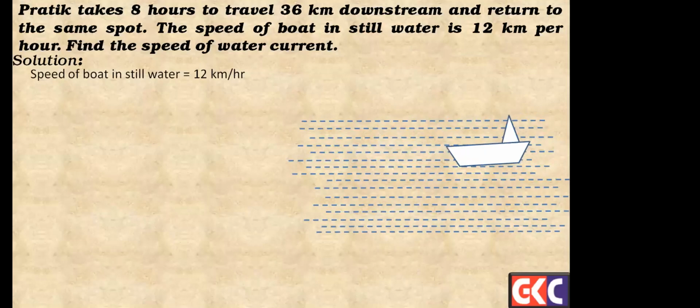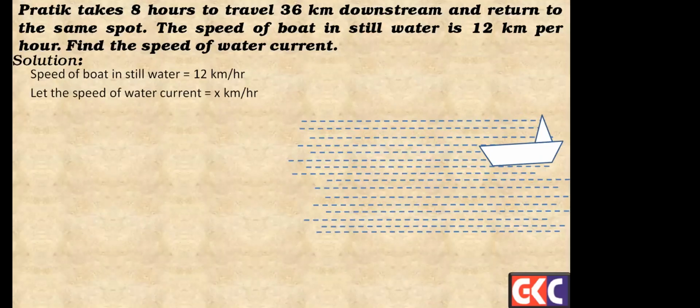Okay, this is the normal speed at which the boat is traveling in the lake water. Now we don't know the water current का. So let the speed of water current, which is what we are interested in finding, be x kilometer per hour.